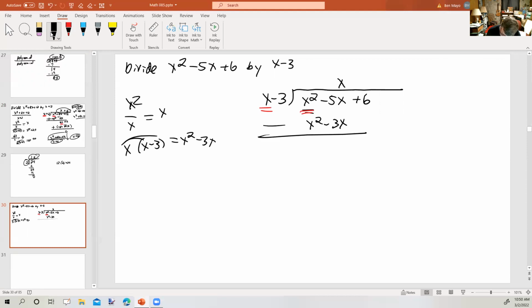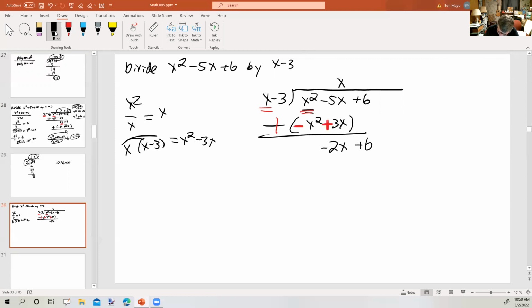I'm going to subtract that quantity from what's up above, but I'm going to change it to addition of the opposite. So changing subtraction to addition, changing the sign of each thing inside the parentheses. Now, since there's a plus sign out front, we can ignore the parentheses. X squared plus negative x squared is 0. Negative 5x plus 3x is negative 2x.